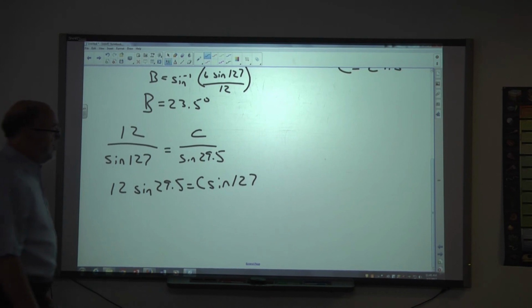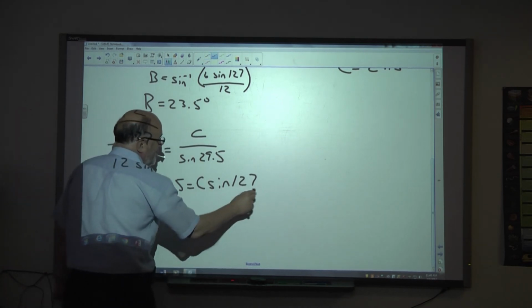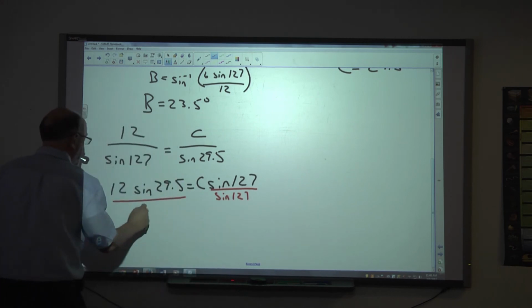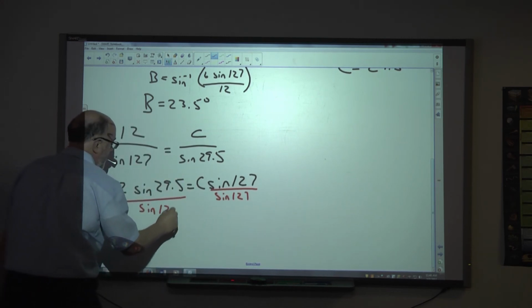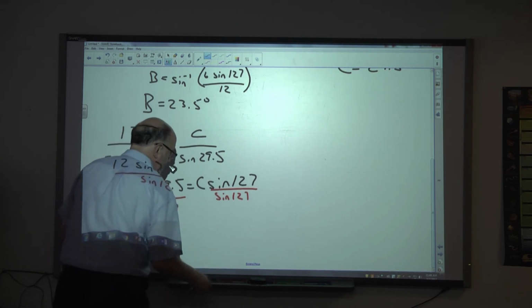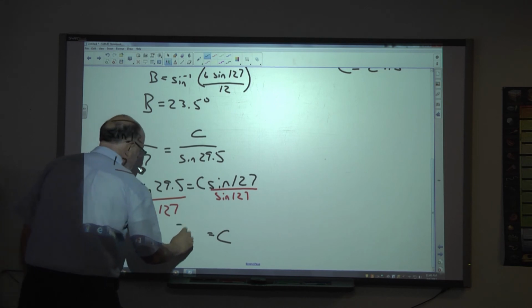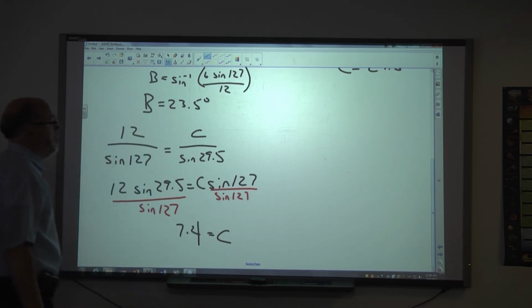The opposite of multiplying is to divide, so we'll divide by sine 127, and we end up that side c is going to be 7.4. And so we have the measurements of our sides and of our angles in this triangle. The way this will work is that the largest side will be opposite the largest angle, and the smallest side will be opposite the smallest angle.